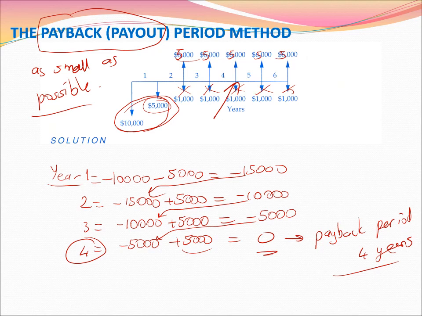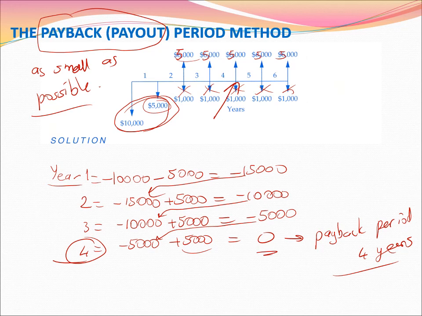In some cases, we are given a criterion that if the payback period is more than 5 years, the project will not be accepted. If it is given in the question, then you will find the payback period. If it is less than 5 years, you accept it.